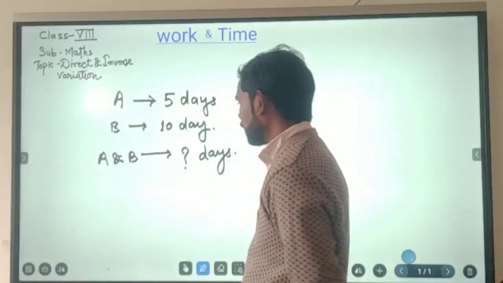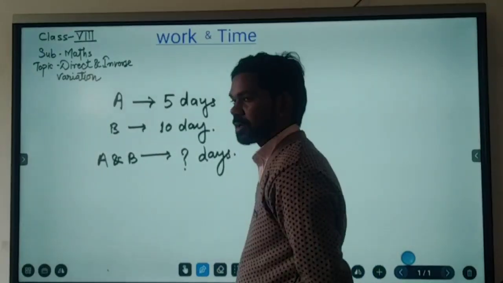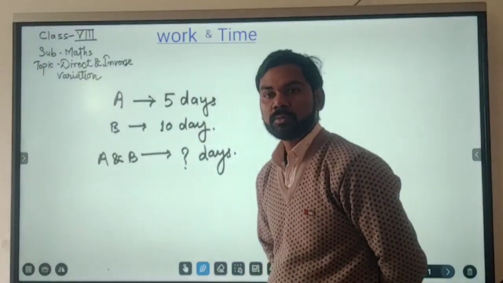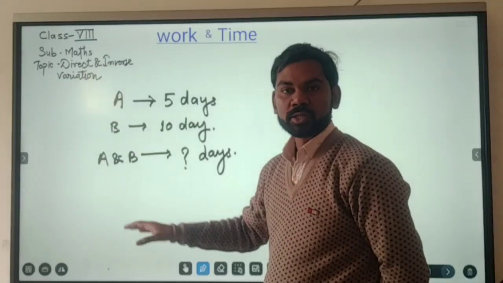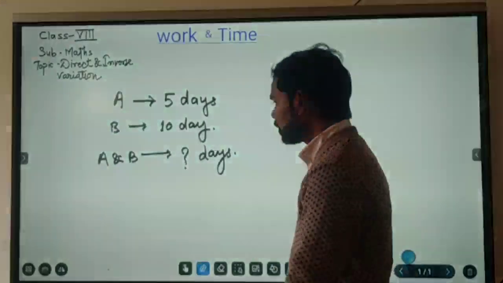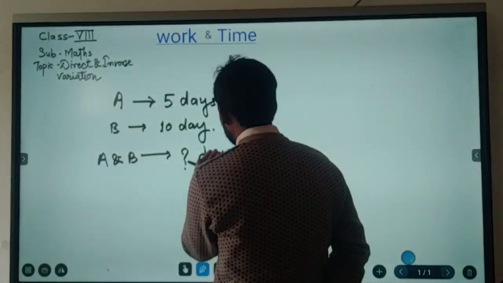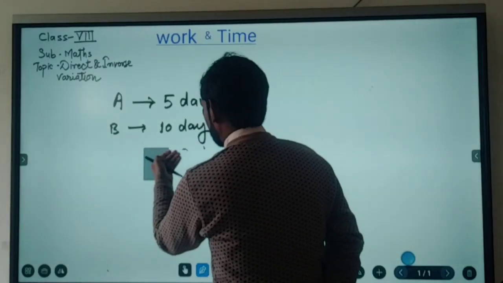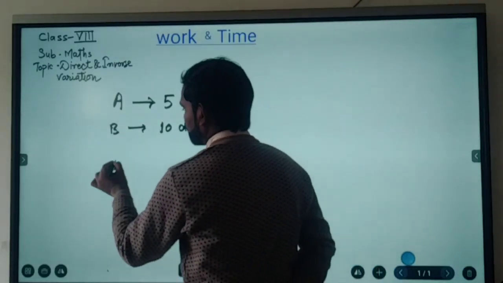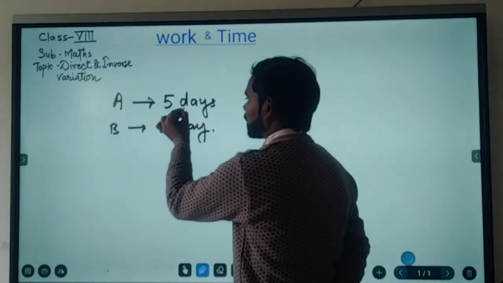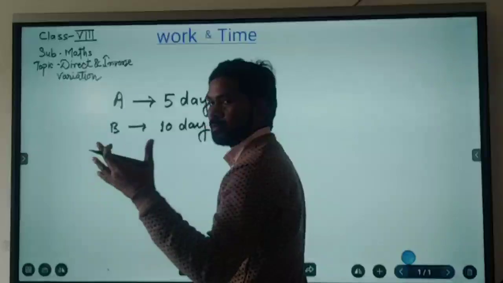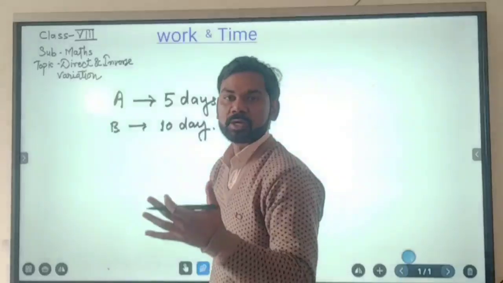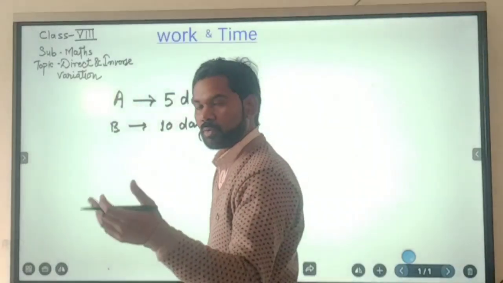In order to find what time will be required to complete the job when A and B work together, we can solve it this way. When A completes a work in 5 days, what portion of work can be completed by A in 1 day?